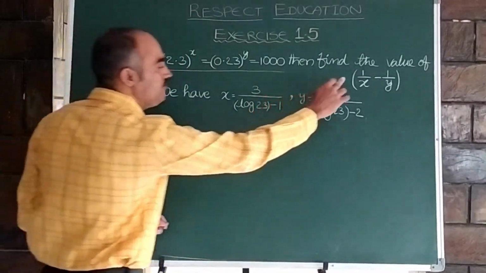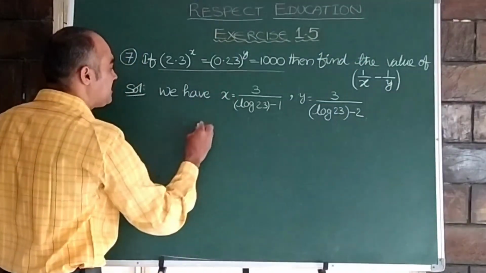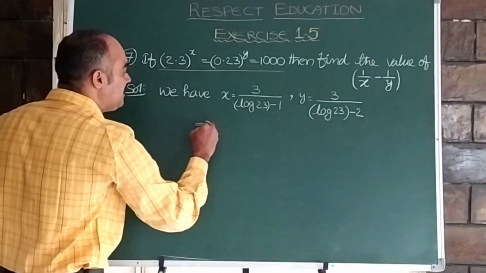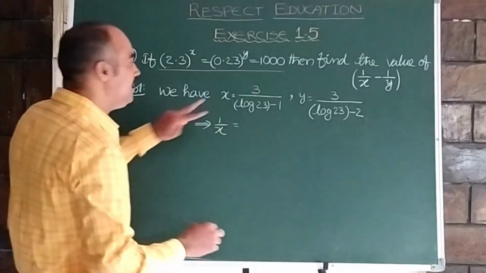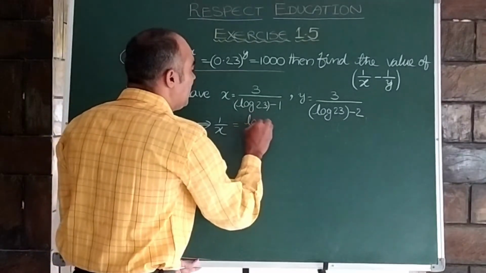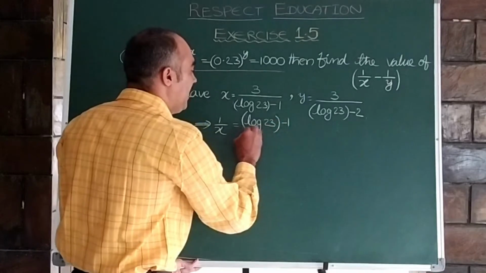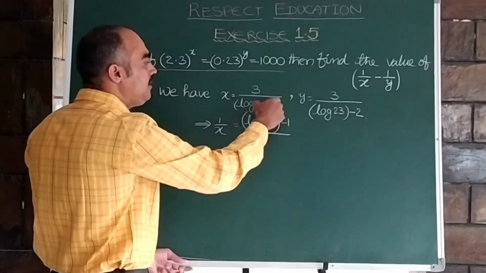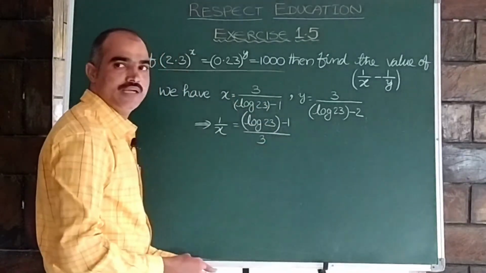Now we are in need of 1 by x minus 1 by y, children. We have x, so from this let us make 1 by x. It is simple, just take the reciprocal. So what comes here? Log 23 minus 1 by 3, as the denominator becomes the numerator and the numerator 3 becomes the denominator. So 1 by x is ready.